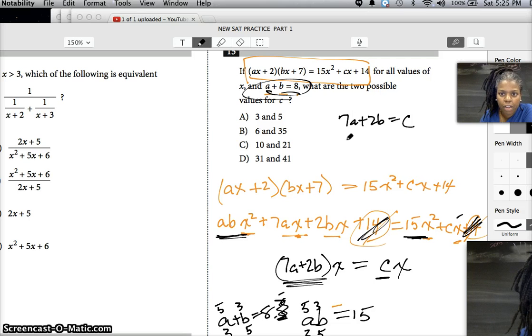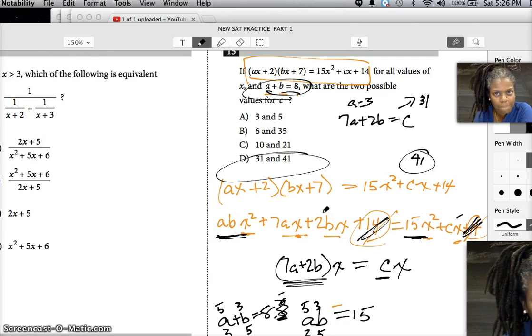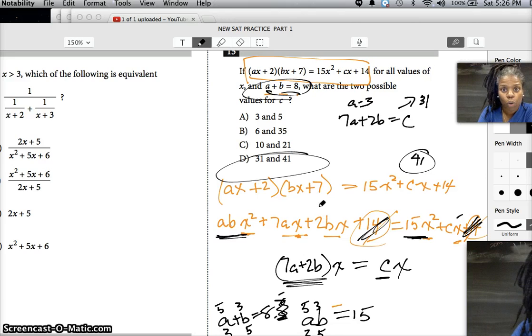If a is equal to 3, then b is equal to 5, then I would get 21 plus 10, which is 31. If I flip it around, then I get 7 times 5, which is 35, plus 2 times 3 is 6. Sorry, I lied earlier. 35 plus 6, then I get 41. And you can see that that's the answer choice that we get. Weird, huh? I can't really think of a slicker way to do that problem.